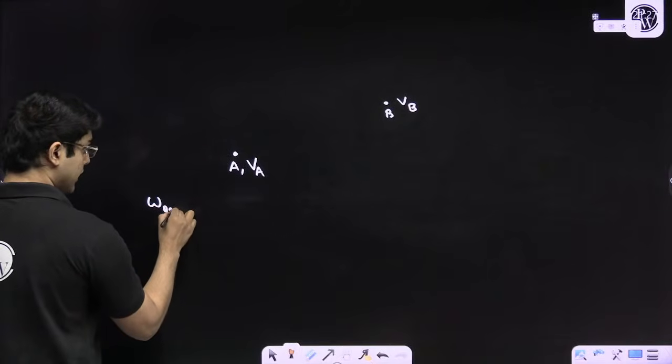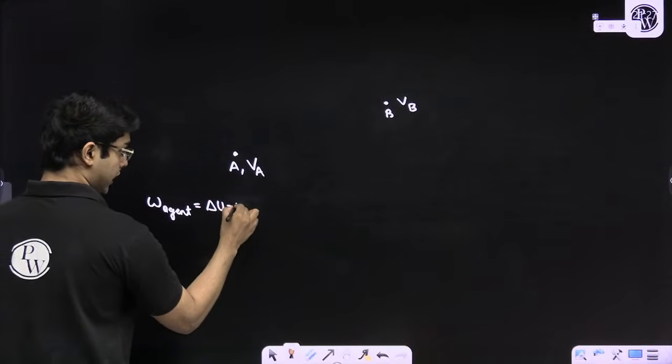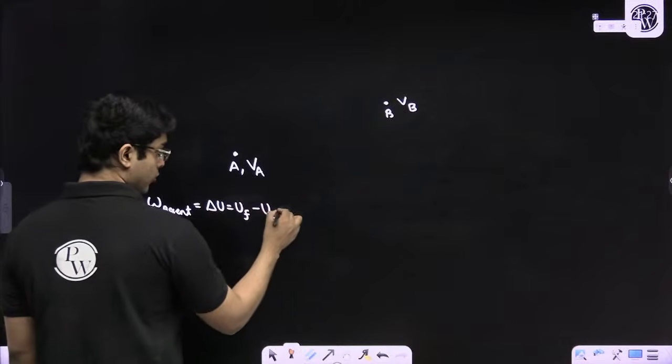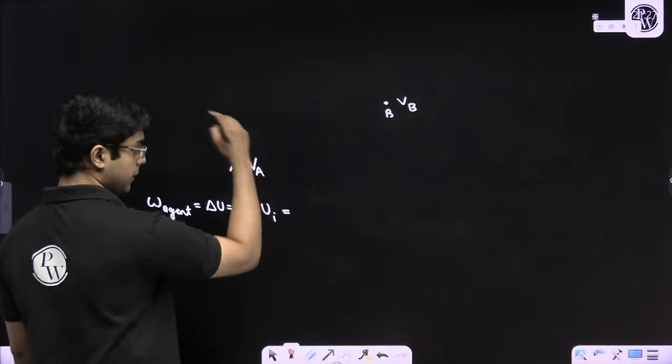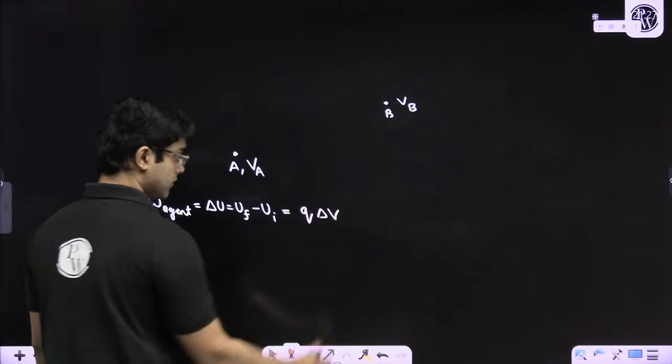So work done by agent is always delta U, which is final potential energy minus initial potential energy. Now delta U we discussed a while back. You can write it as Q into delta V, right?